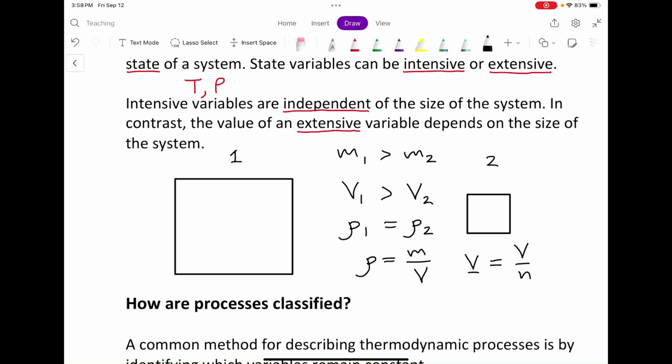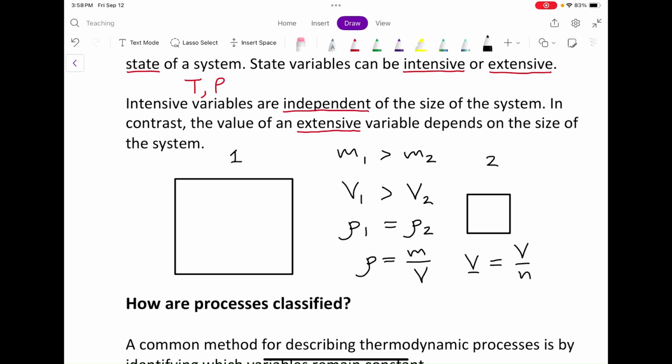And also, I should make note here that intensive variables have more practical utility for our purposes in this course, right? Because they're independent of the size of the system. So when you think of tabulated physical property data, the intensive variables are going to be used there because you're going to use that data to solve problems for many different types of systems that you encounter.